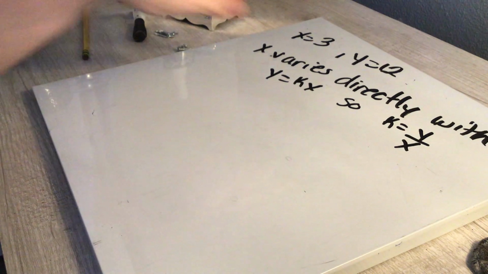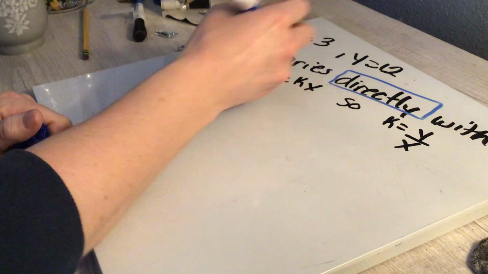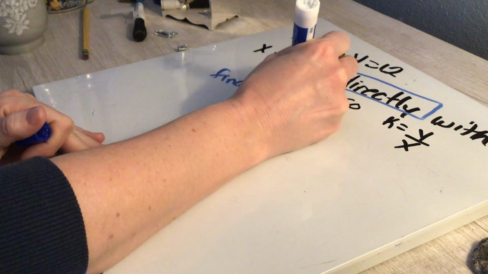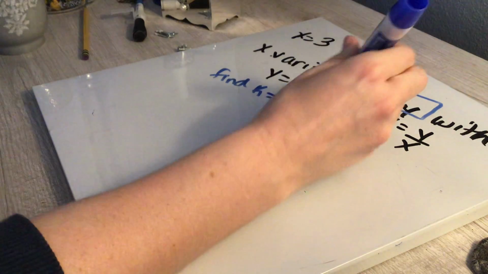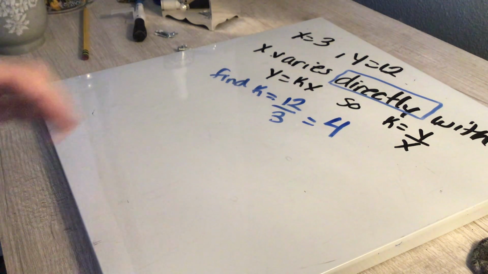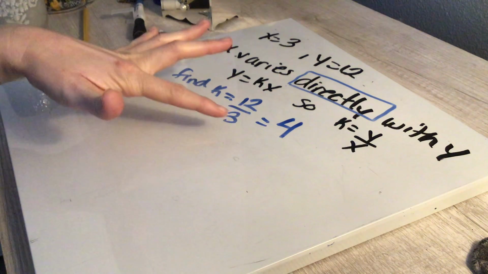And we're going to say, okay, it's direct variation. So we're finding k, which is y divided by x. So 12 divided by 3, which gives us 4. Okay? But then you want your equation. This just gives you what k is.